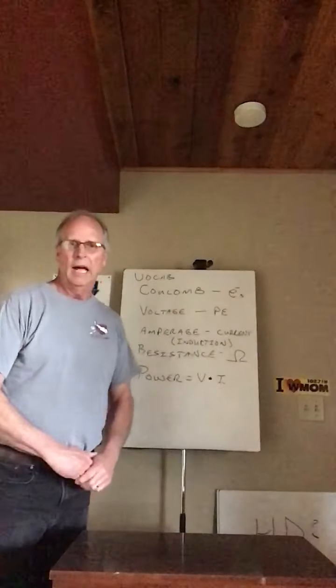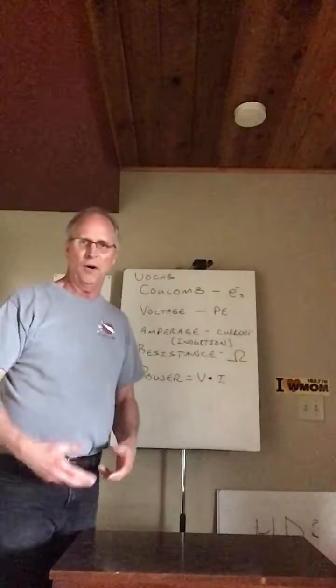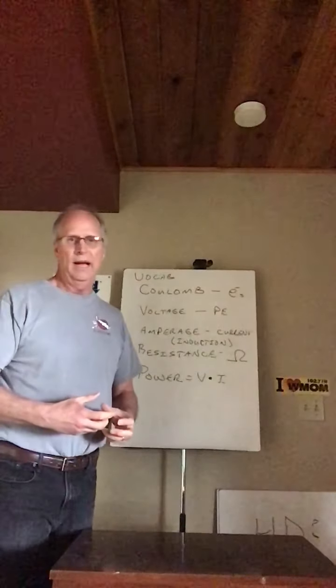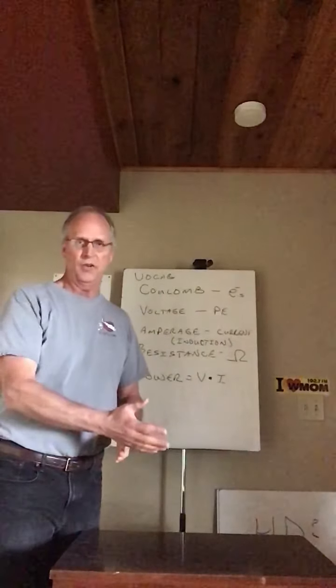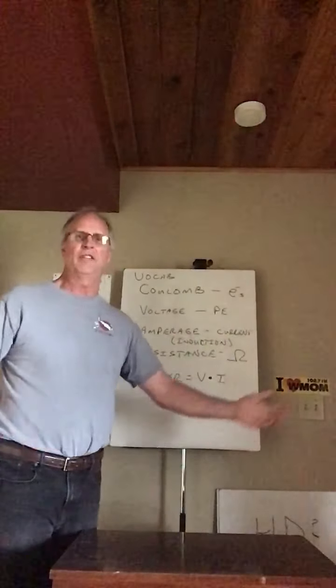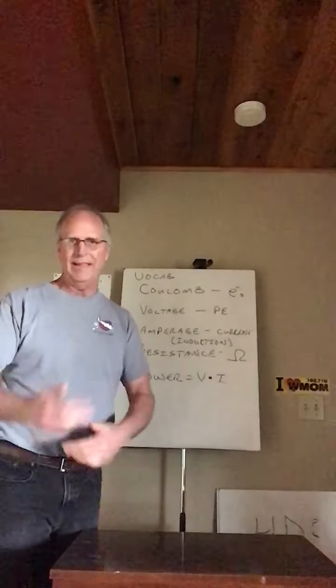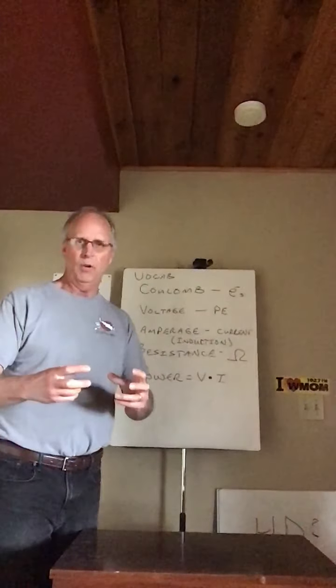If it's a speaker, sorry, or a resistor, a 1 ohm has a lot of current running through it because there's very little resistance. The bigger the resistance, the smaller the current. And then that also plays into the formulas that we're going to talk about in the next video.